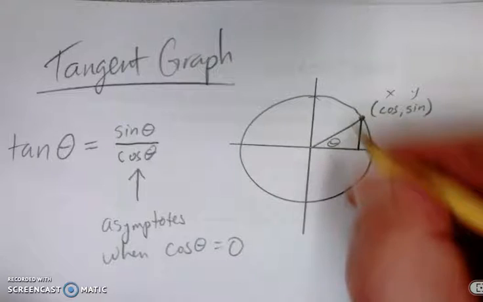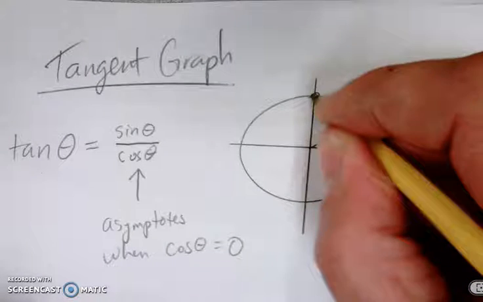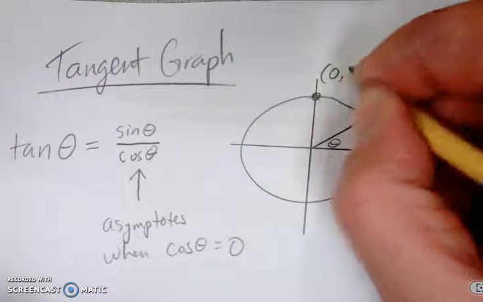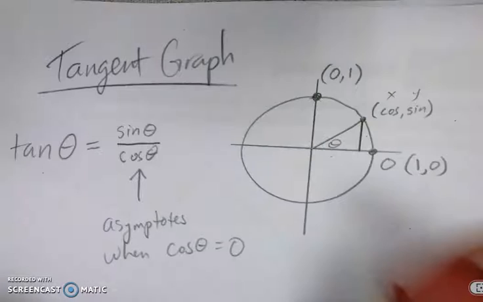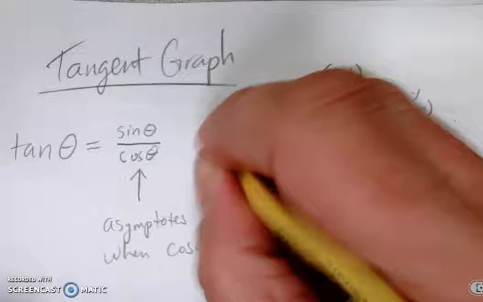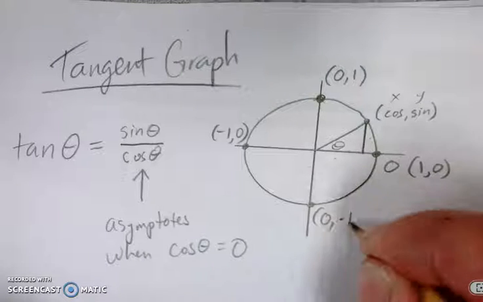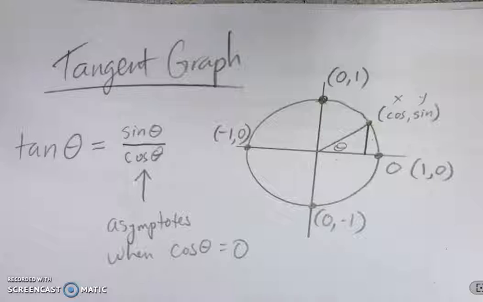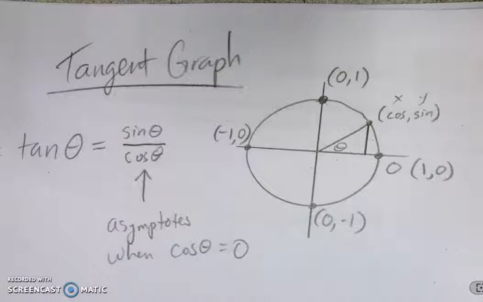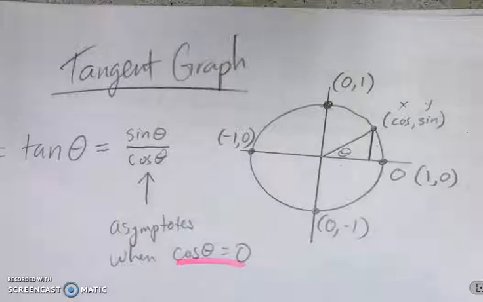When you go up to here, your coordinates are 0, 1. Over here, your points would be -1, 0, and down here, 0, -1. And again, that's because it's a one-unit circle.